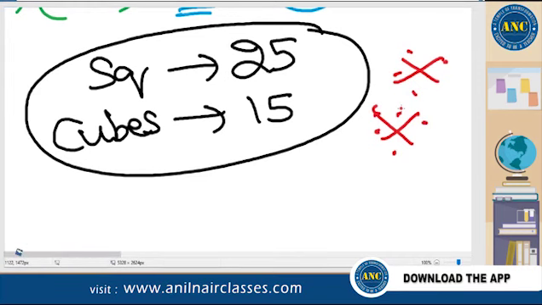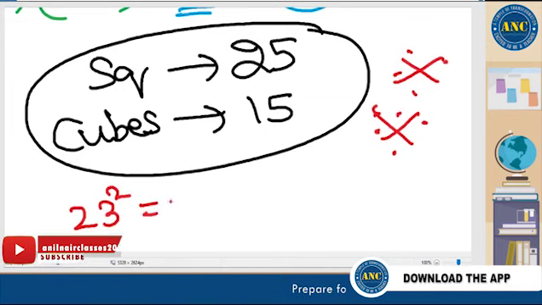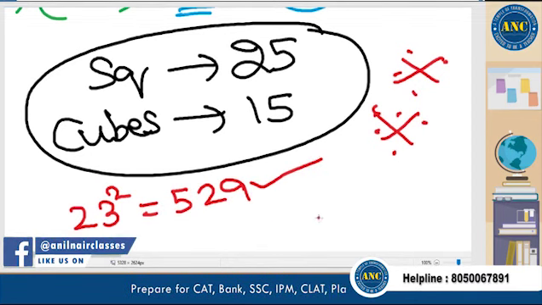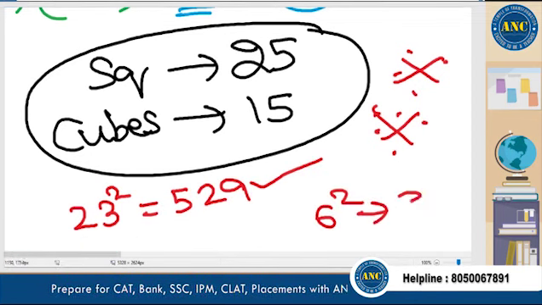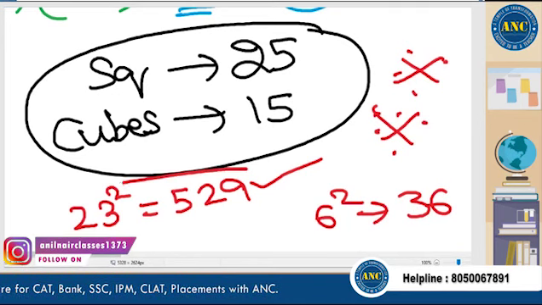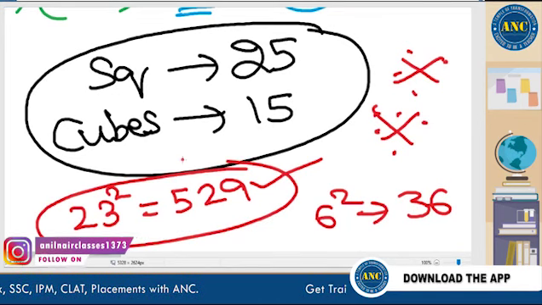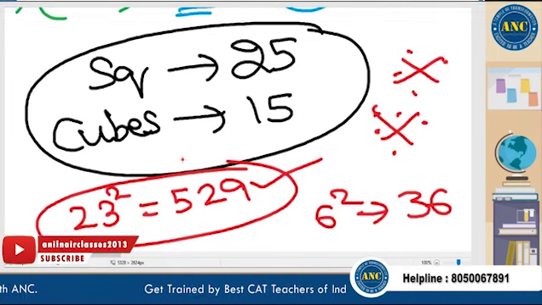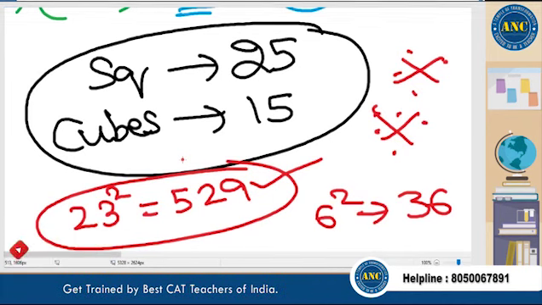I repeat, what is the meaning of knowing squares till 25? It means if I ask you 23 square, within a second you should tell it as 529, the way you tell 6 square within a second as 36. If you cannot tell 529 within a second, I assume that you don't know squares till 25. Squares till 25 is a must.